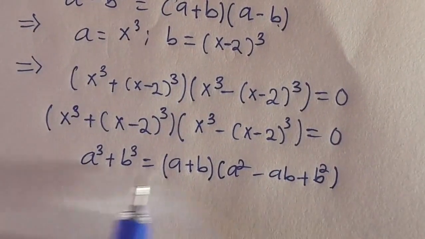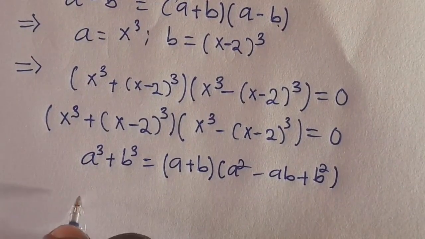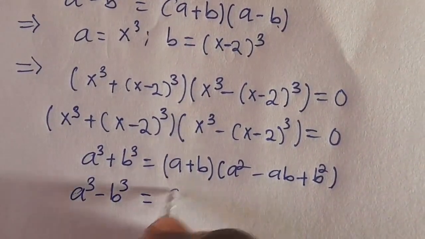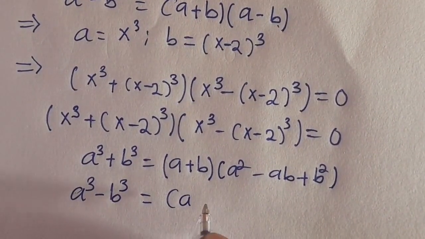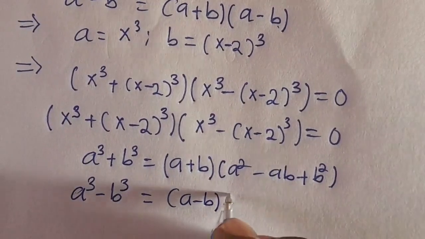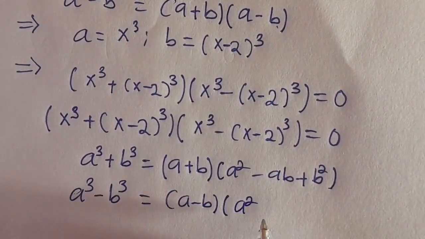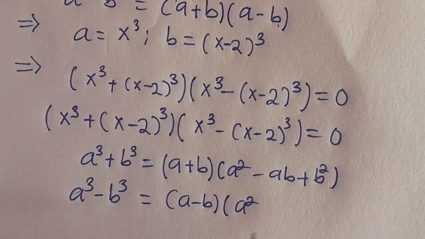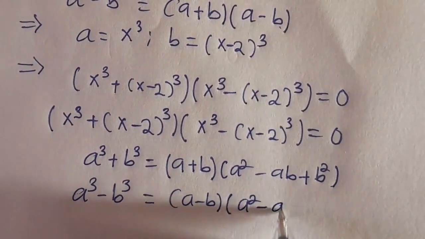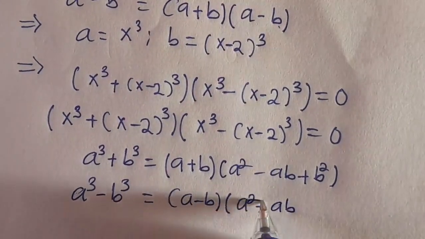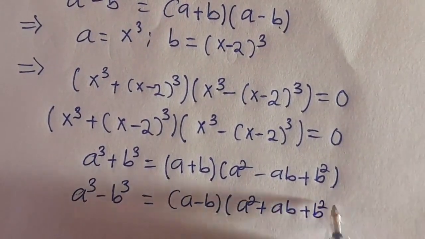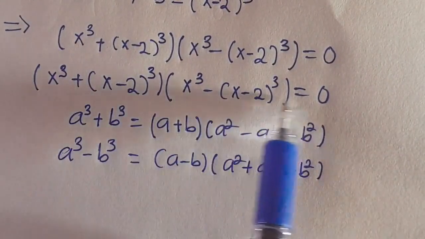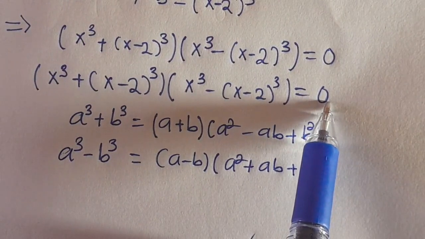Likewise, when you have a cube minus b cube, we usually have this equals (a minus b) multiplied by (a square plus ab plus b square).